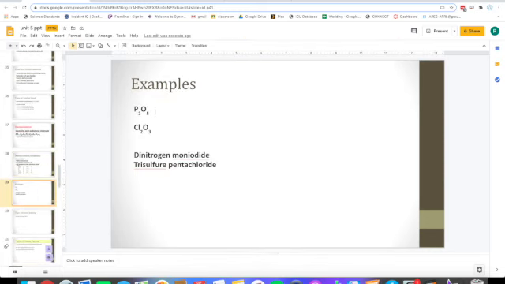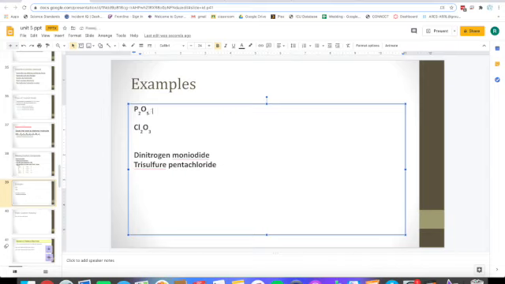So for example, we have P2O5. So first we need to write the element. So P is phosphorus. And then the second element always has to end in -ide, and that's oxygen, so that would be oxide. Now we need to add prefixes if there's more than one in this first one. So here we have 2.